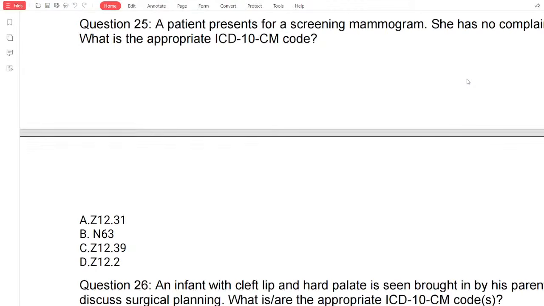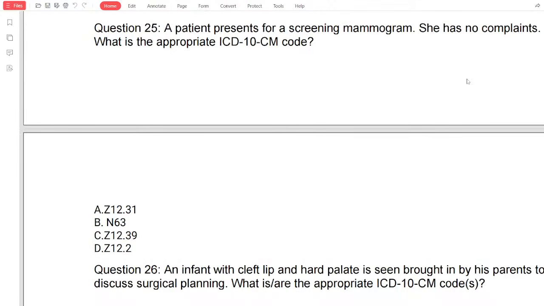Let's do the 25th one. 25. A patient presents for a screening mammogram. She has no complaints. What is the appropriate ICD-10 code?